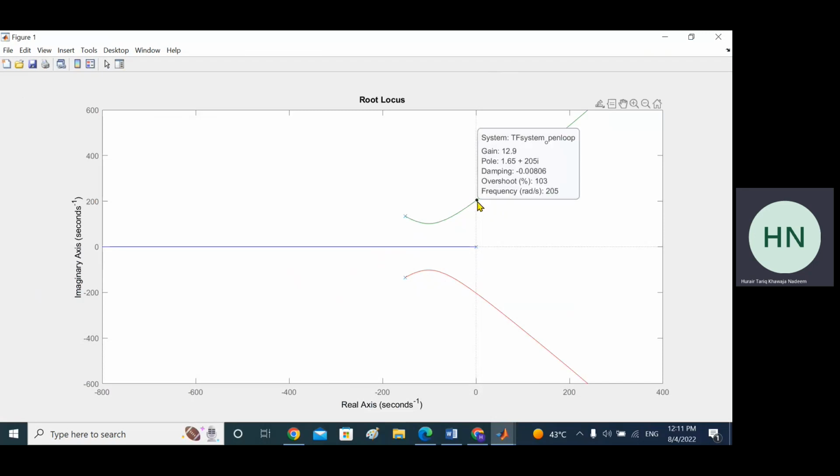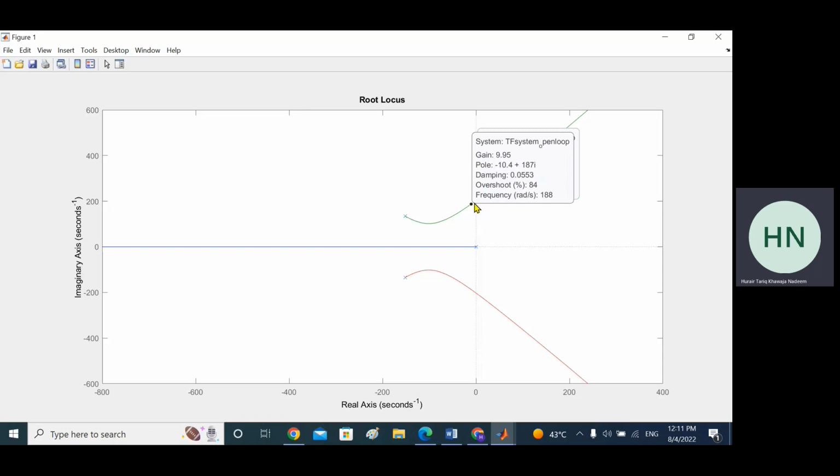You are crossing into the right half plane, and when your roots come to the right half plane at gain equals 12.9, which is actually KI, remember this thing. When KI becomes equal to 12.9, look, you have entered into the right half plane. And this means your system will now become unstable.